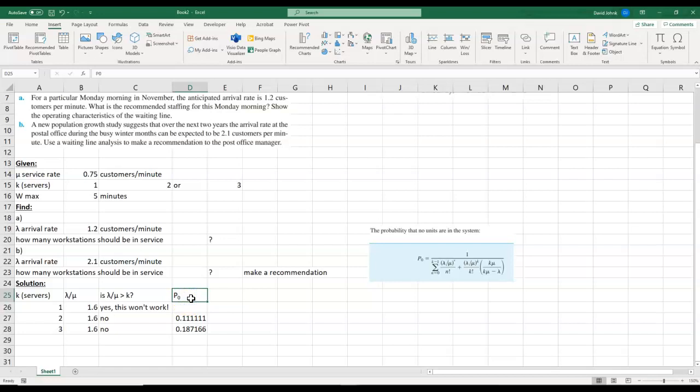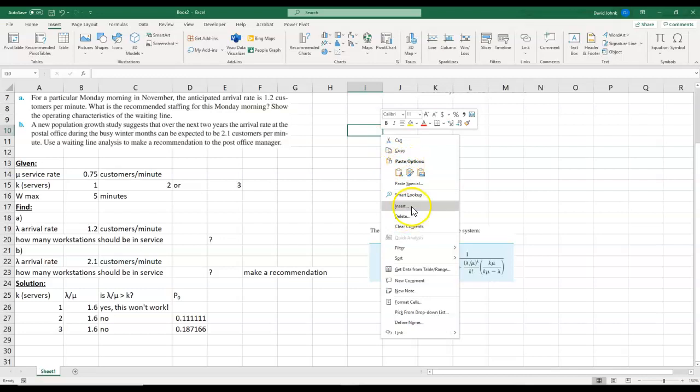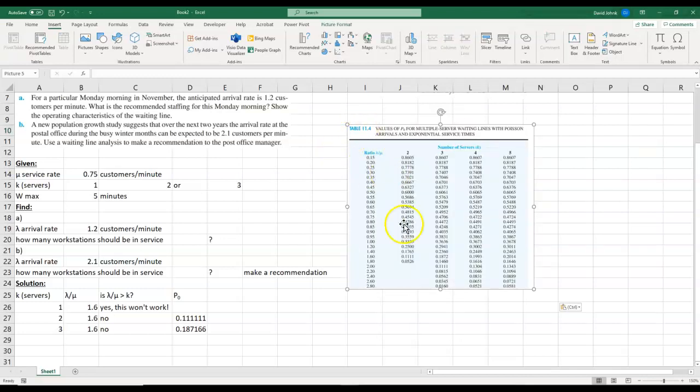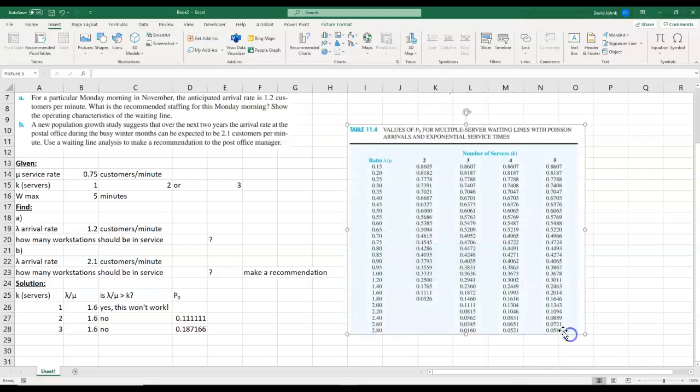Now, let me show you something here. If you don't want to do it that way, those of you that have the book, there's this table right here. In this table, we could look these numbers up. So we have the ratio 1.6.